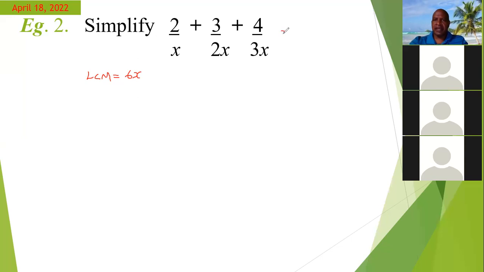And if we do like before, we write all of these, and now put the LCM as our new denominator. So we would have 6x as our LCM for all of these.